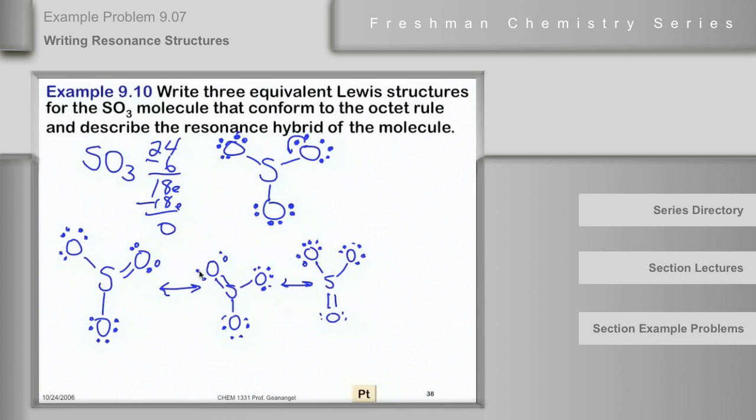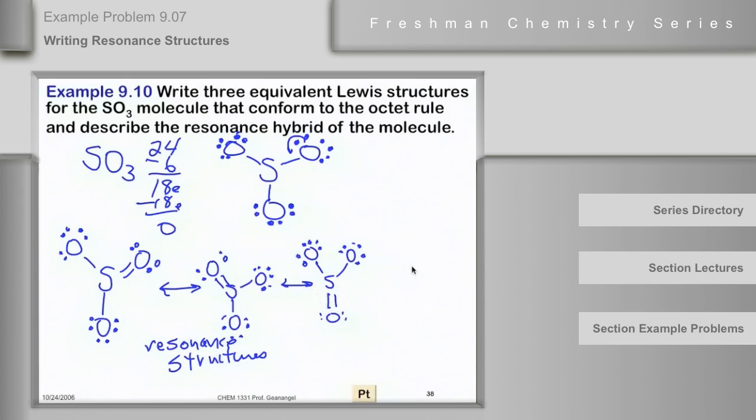Okay, so what is a resonance hybrid of this set of resonance structures? Well, we have to represent that there are 3 single bonds that stay in one spot and 1 double bond that moves all around.